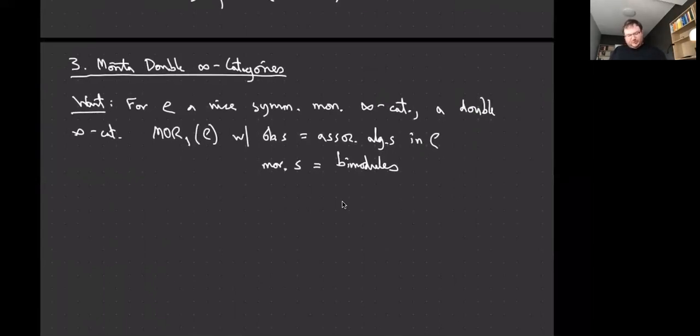So I haven't told you what a symmetric monoidal infinity category is or what an associative algebra in it is. And I don't think I want to do that, because there are several layers of formalism you have to introduce to define that. But I can at least tell you how you can define this in the case where the tensor product we're looking at is a Cartesian product, since then we can define what an associative algebra object is without having to introduce notions like infinity operads.